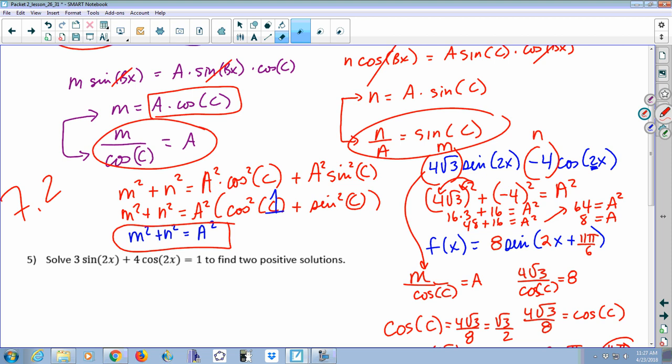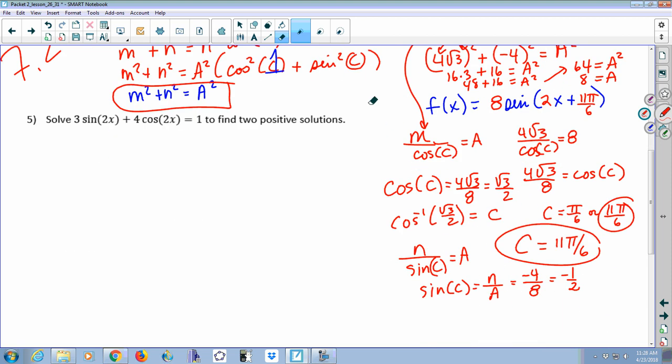Okay. So now let's use this information to now solve equations. That's really where this is all going. This is really an important result. So we have this expression on the right.